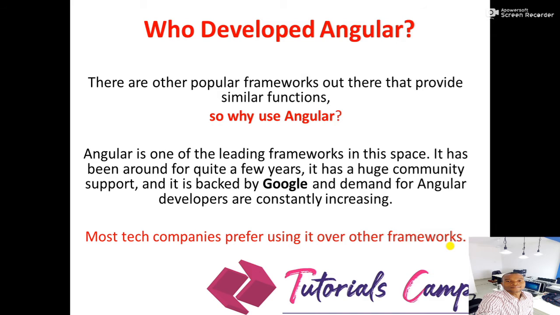So you see, most tech companies actually prefer using Angular over JavaScript libraries like Vue.js and React Native, because Angular has been in existence for a very long time, and it's still on top of the libraries that are around nowadays.